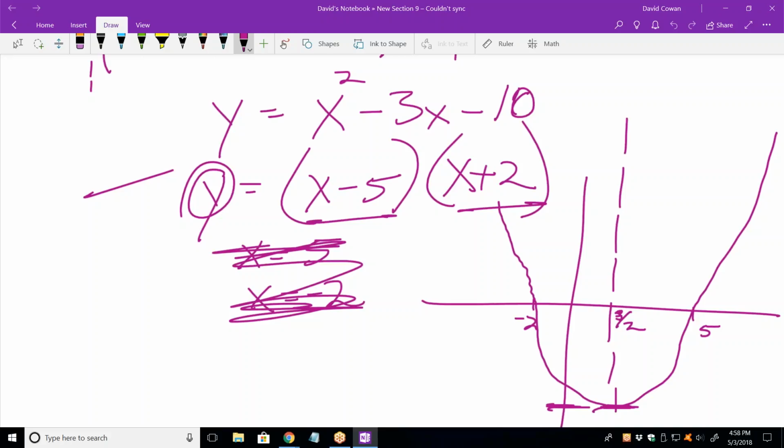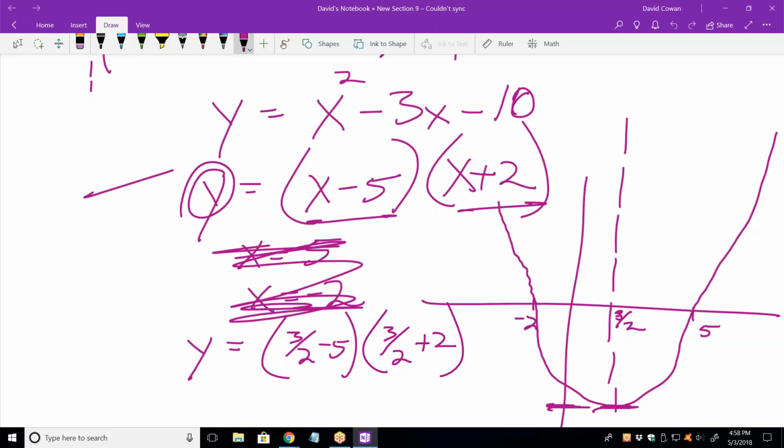So y is going to be equal to 3 halves minus 5 times 3 halves plus 2. Well, that's minus 7 halves times, plus, let's see, 3.5 is another 7 halves.